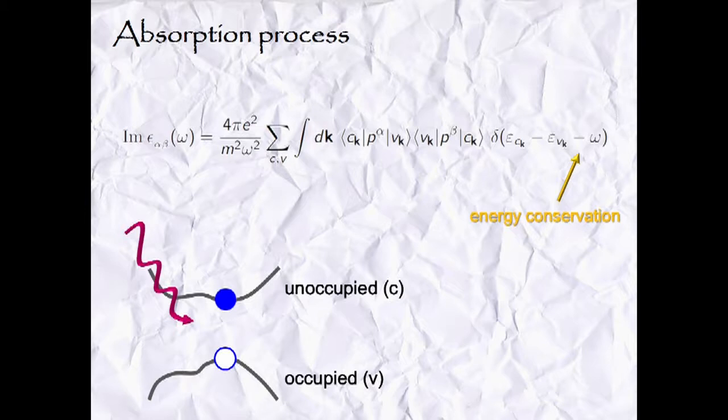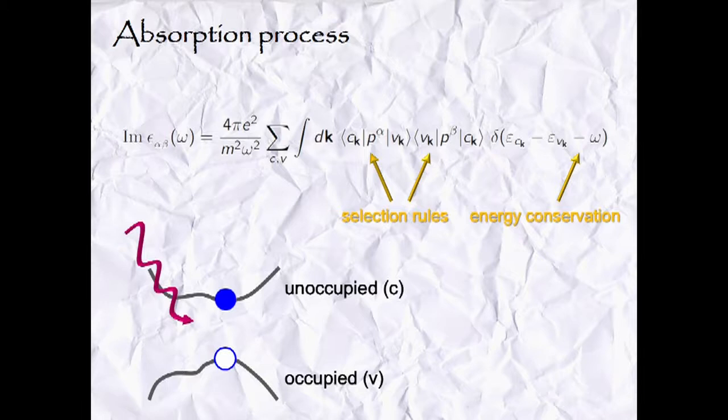But nothing tells us so far whether this transition is allowed or not. It could well be that this is dark, it's not allowed. The selection rules are given by these quantities here. These are the momentum matrix elements between the occupied and the unoccupied points, and this is where the direction or polarization of light comes in, alpha and beta.